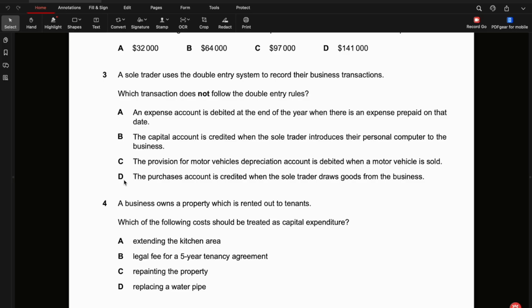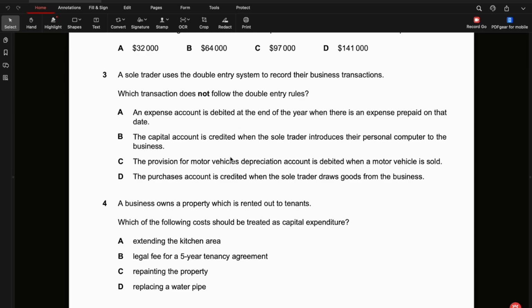And number D, the purchase account is credited when a sole trader draws goods from the business. So if some owner is taking goods from the business, then goods would be taken at a cost price and that would be my purchase price. So it needs to be credited in my purchase account and debited in my capital account.